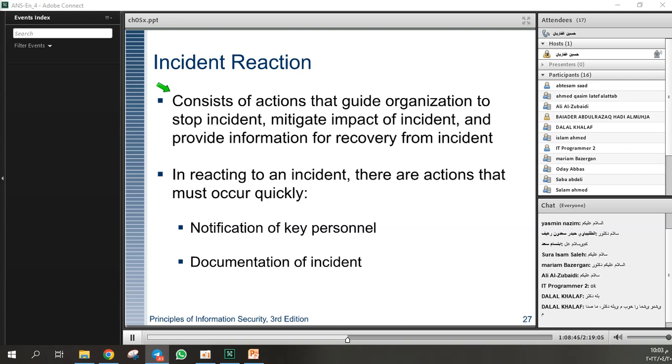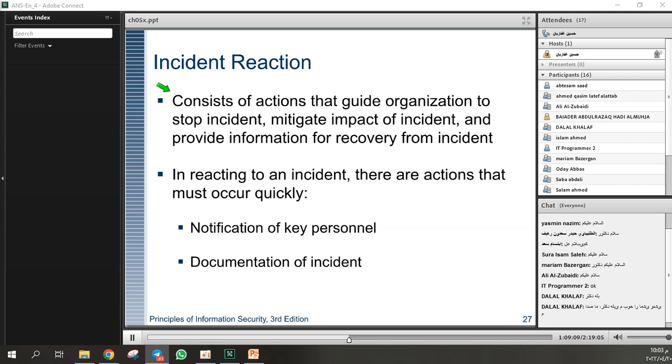They can react: okay, based on this guidance and these documents, to stop this incident I should do this and react in this way. Or maybe sometimes I cannot stop this incident. Okay, how can I mitigate the impact of this incident?